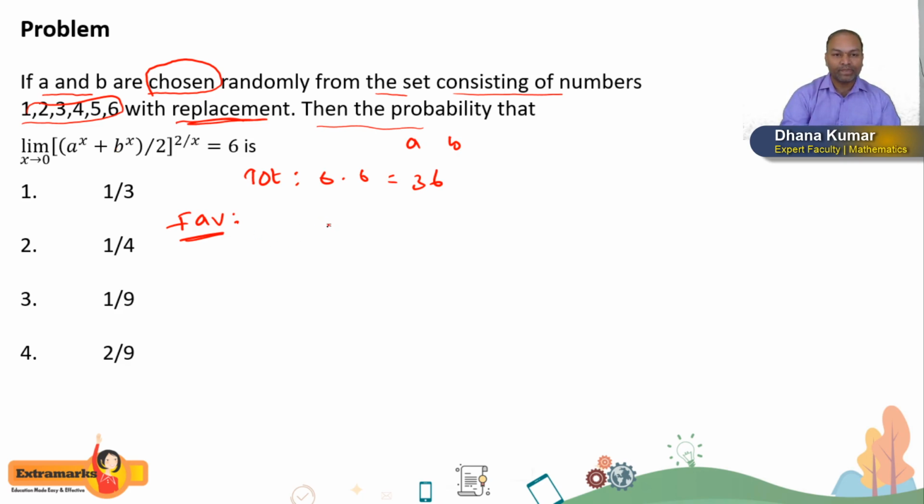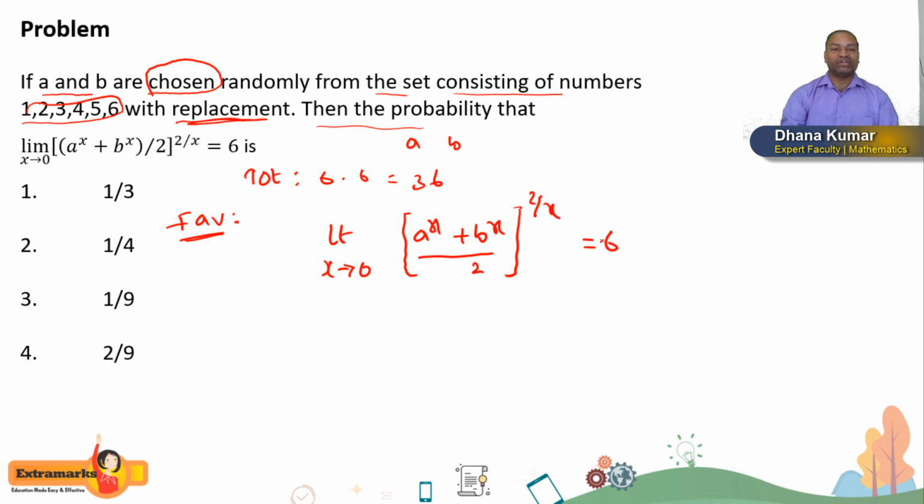First I am simplifying. Limit x tends to 0, (a power x plus b power x by 2) whole power 2 by x is equal to 6. So first put x equal to 0: a power 0 is 1, b power 0 is 1, 1 plus 1 is 2, 2 by 2 is 1, and power 2 by 0 is infinity.